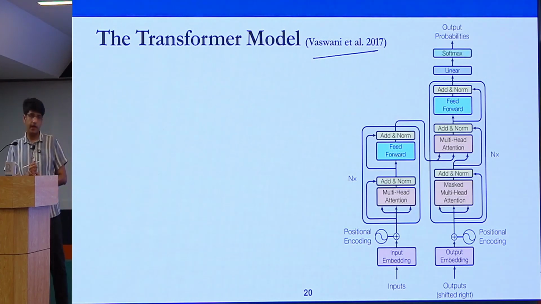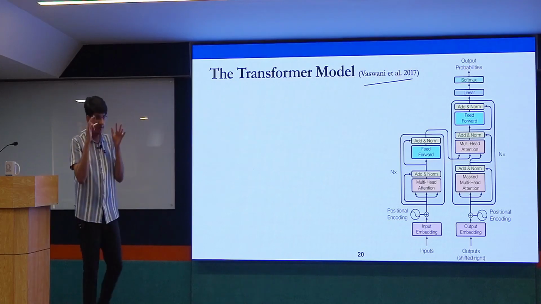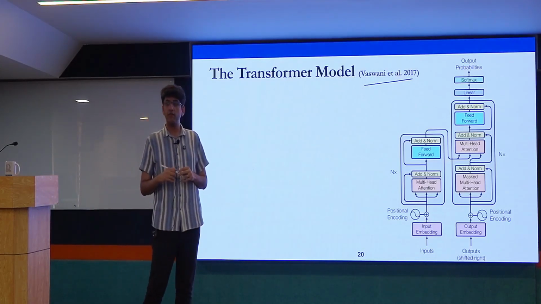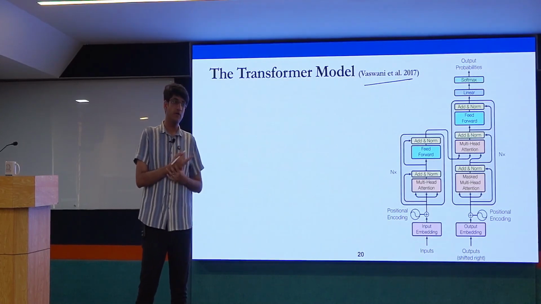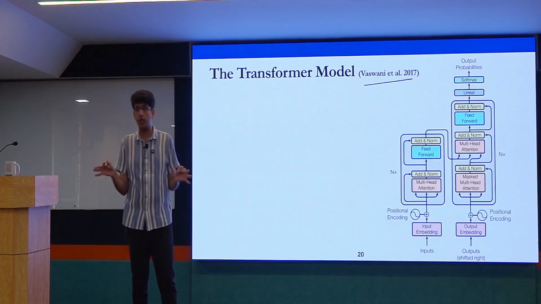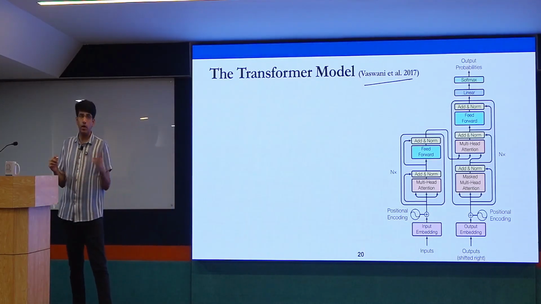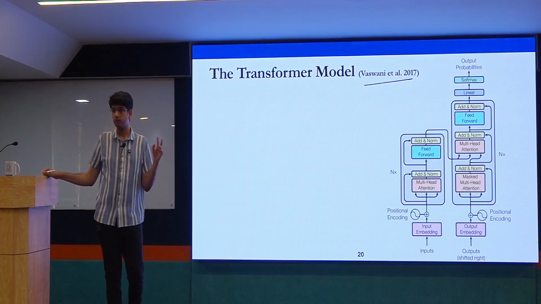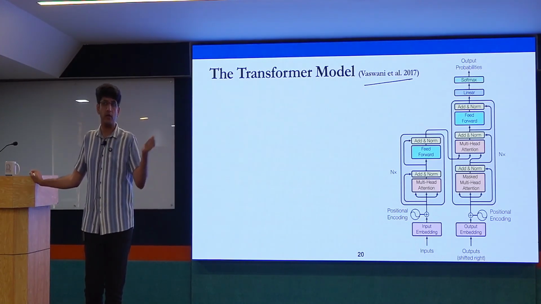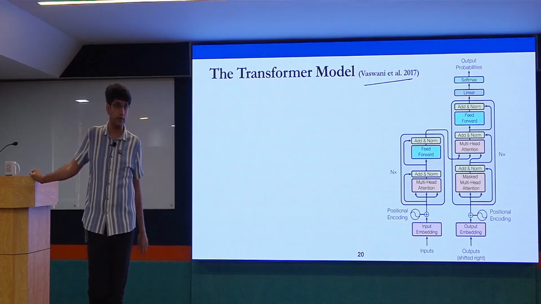Now let me talk more specifically about how you will use this for tasks. Let's say you were to use transformers for the task of machine translation, how will you do that? Just like you had an encoder and a decoder, you will have a transformer that's an encoder and another transformer that's a decoder.